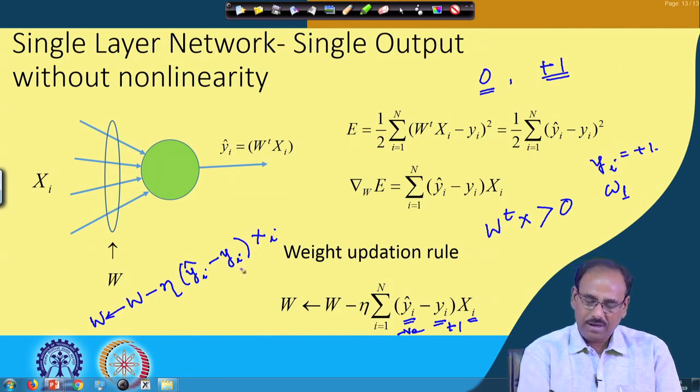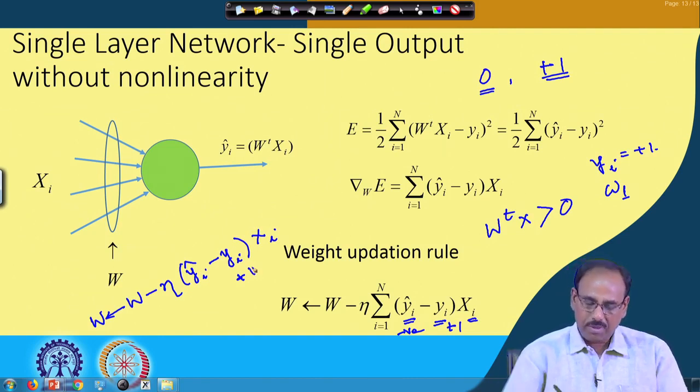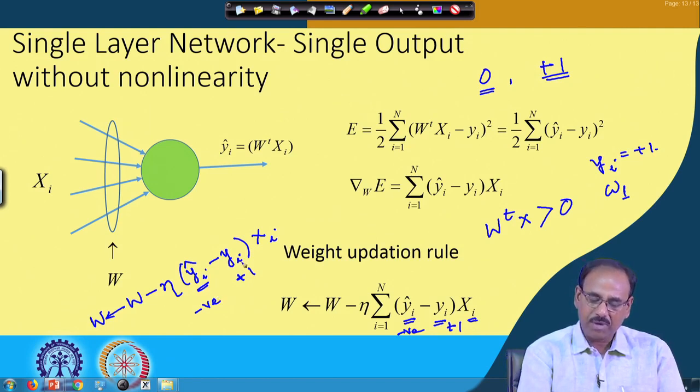So, here if my yi is actually plus 1, that means W transpose x should be greater than 0 for correct classification of xi. But suppose W transpose x, which is nothing but yi hat, happens to be negative. In that case, this yi hat minus yi, this whole term will be negative.